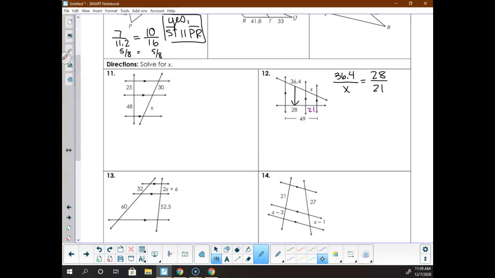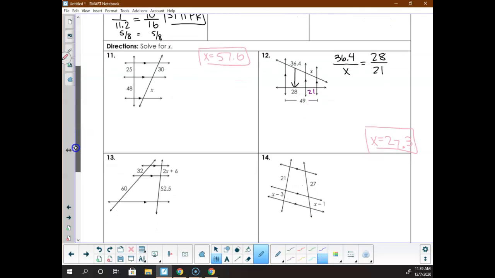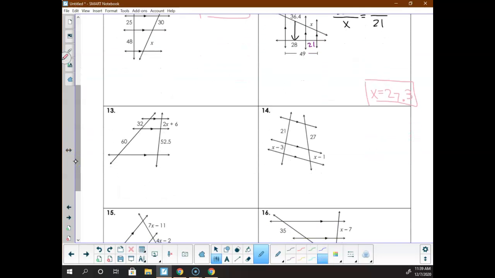All right, this one is 57.6. This one is 27.3. Don't ask me why the 27.3 is all weird. I don't know.